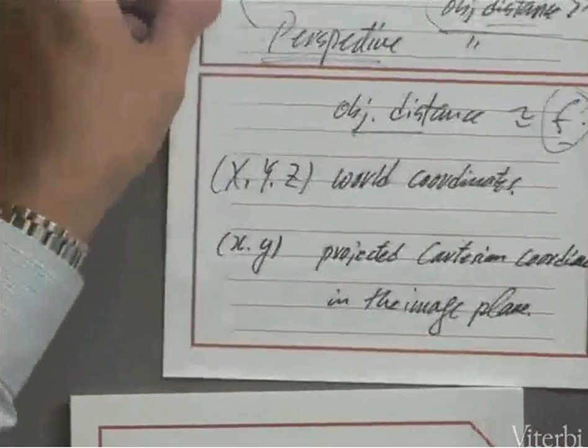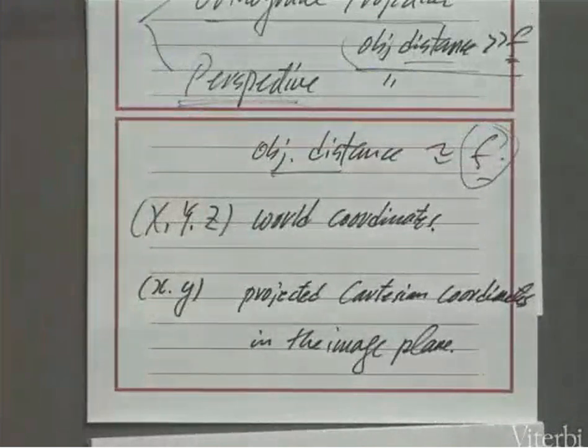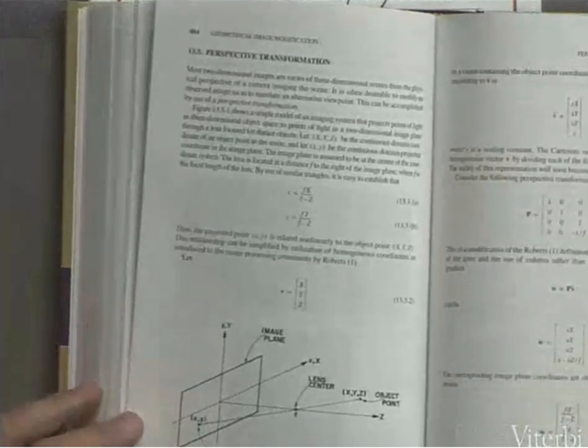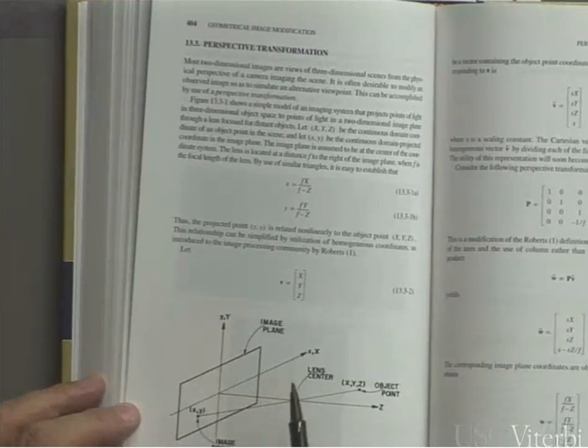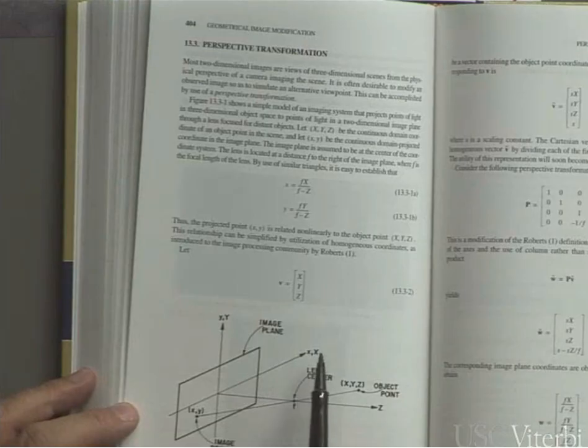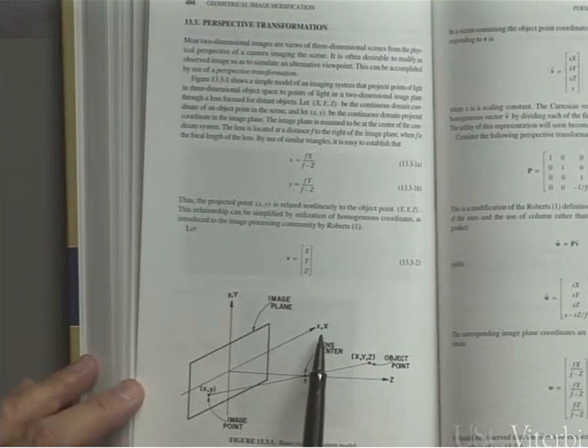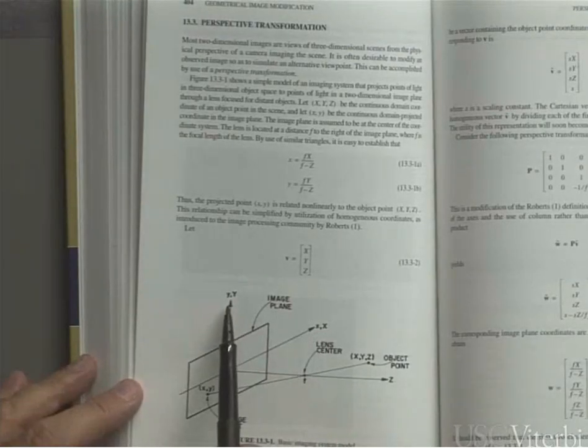Then we need to consider two effects. One is a very simple case, where we assume the image coordinates and the Cartesian coordinates are aligned: capital X and x are aligned, capital Y and y aligned.